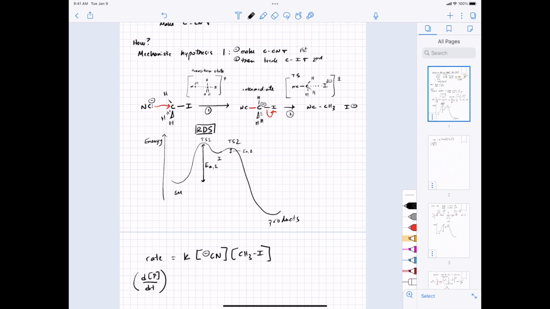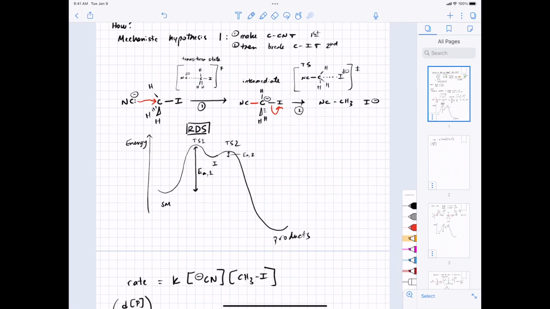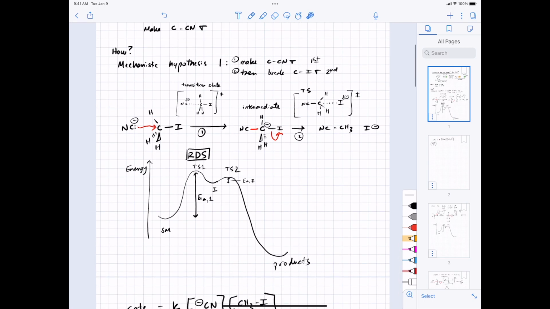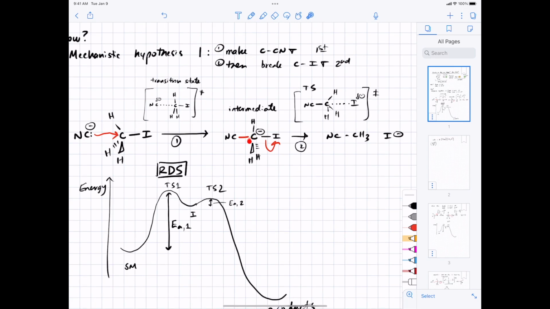I don't actually know that it's worth spending a lot of time on mechanistic hypothesis 1, because that's not the right one. You could probably do some kinetic experiments to demonstrate one versus the other. If you do calculations though, this structure is not an energy minimum, it's an energy maximum. We've learned not to draw intermediates or starting materials or products where carbon has 5 bonds.